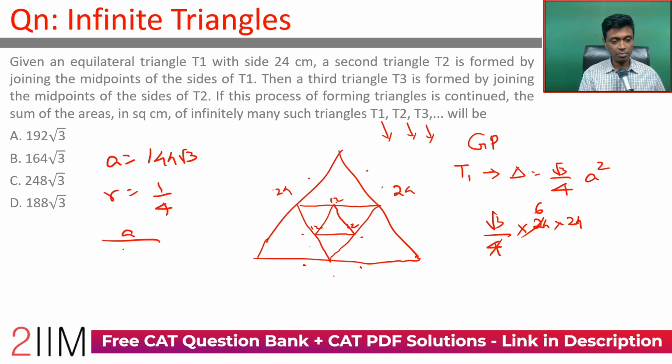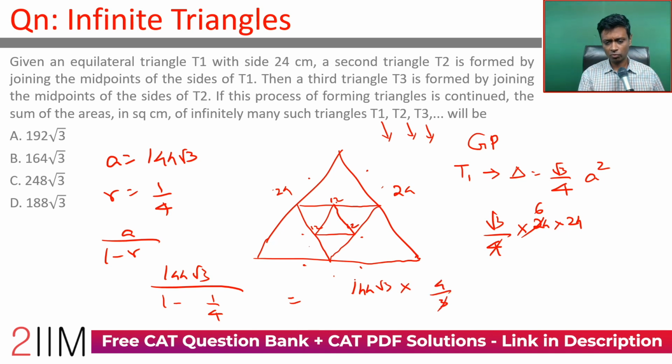We're looking at a by 1 minus r. 144 root 3 by 1 minus 1 by 4, which is 144 root 3 into 4 by 3. This is 48 into 4, 96 into 2, 192 root 3. That's what we're looking for. There's a geometric progression involved, and then we plug in root 3 by 4 a square, and then we do a by 1 minus r.